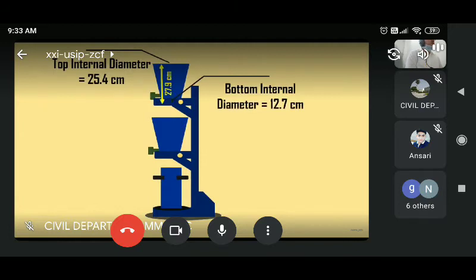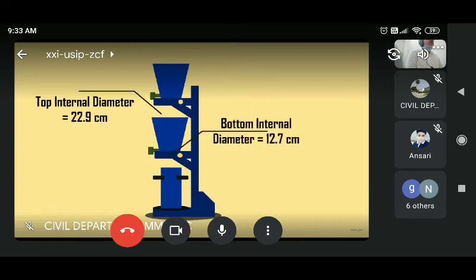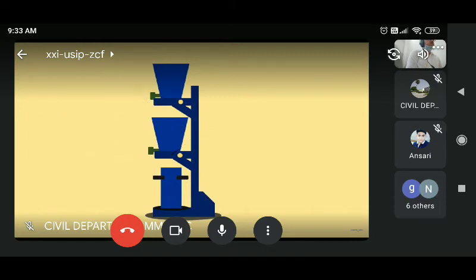Bottom internal diameter is 12.7 and the height is 27.9 centimeter. This is the dimension of the upper hopper. Then the dimensions of the second hopper, internal height 22.9 centimeter.